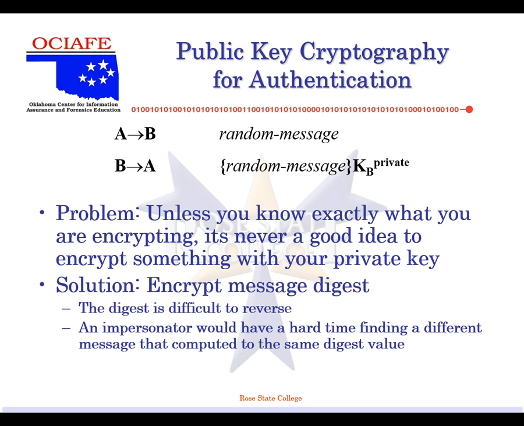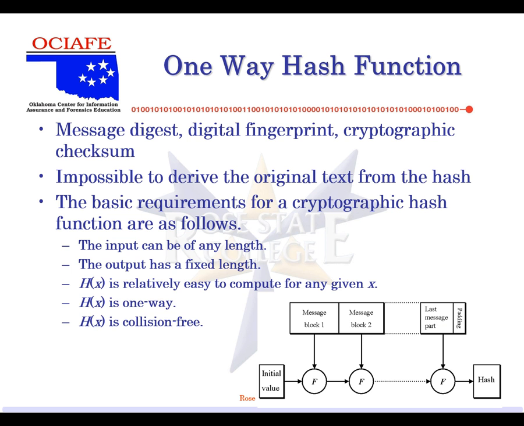So that's what we're talking about here. The message digest is to take the message and encrypt the digest of it rather than the actual message, because the odds of somebody else being able to write the same message and come up with the same result is zero. Message digest, fingerprint, cryptographic checksum, pretty much all the same thing. Another way of thinking about a one-way hash function, I cover this in another class, but take like my windshield.